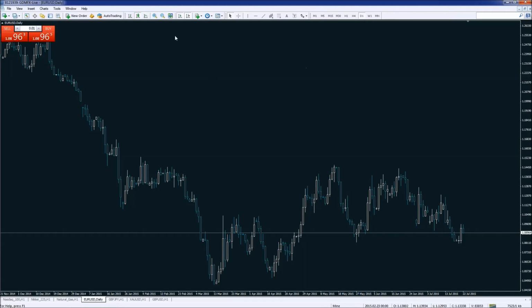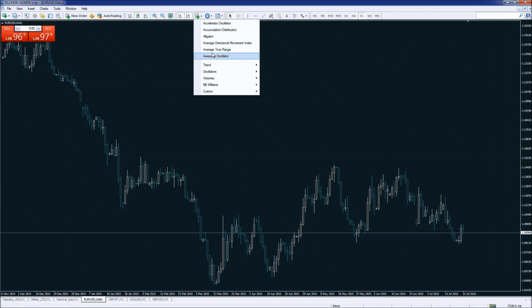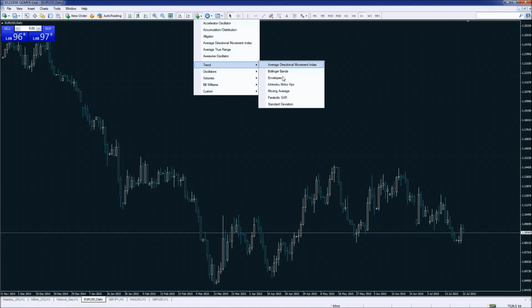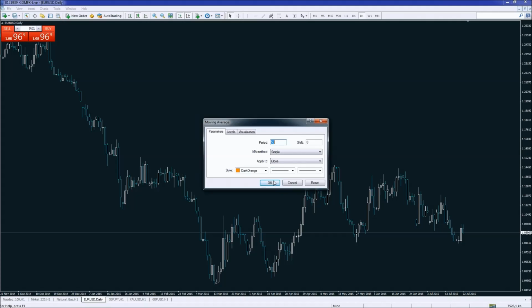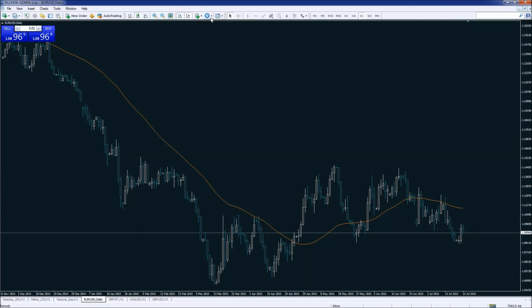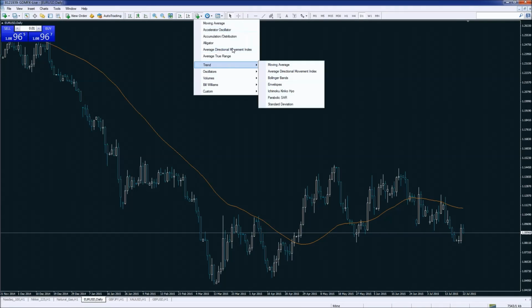As an example, we will have a look at the 50 and the 200 exponential. Look here, I already have it in place.